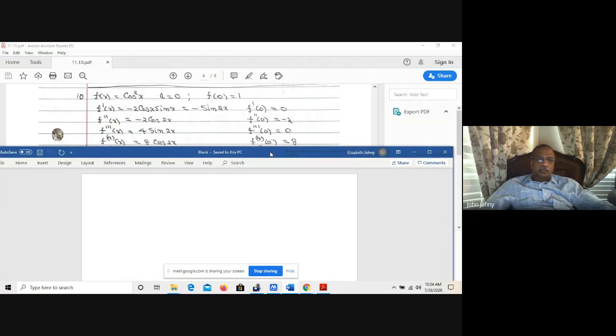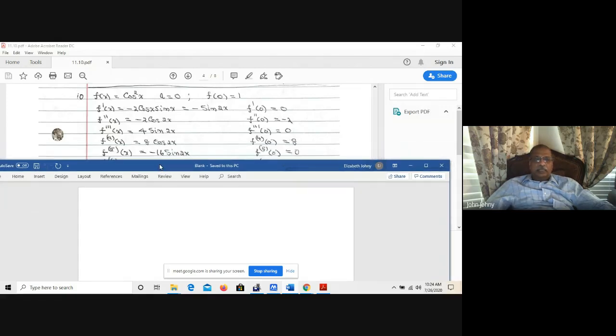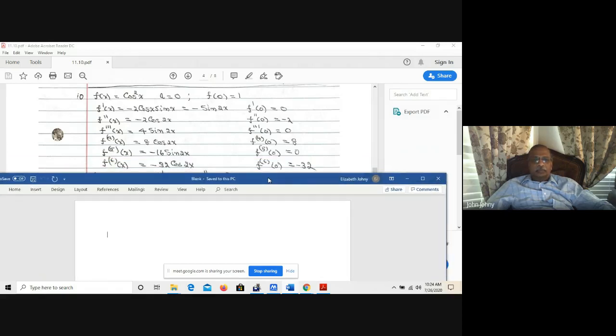The fourth derivative is 8 cos 2x, so the fourth derivative at x equal to 0 is 8. The fifth derivative is negative 16 sin 2x, because 8 times negative sin 2x times 2, so that becomes negative 16. At x equal to 0, the fifth derivative is 0.